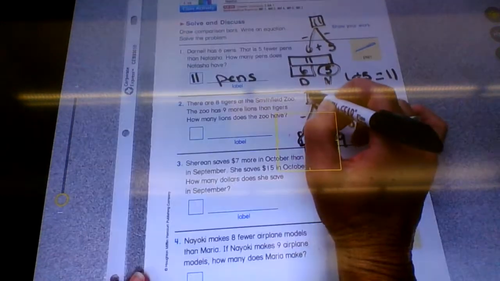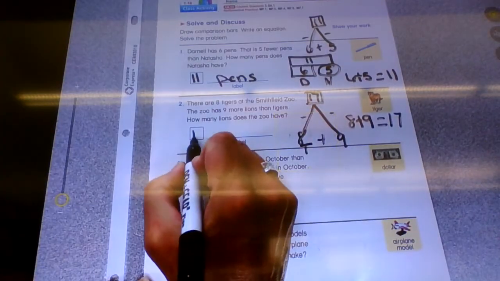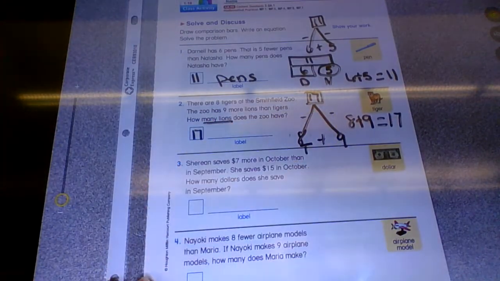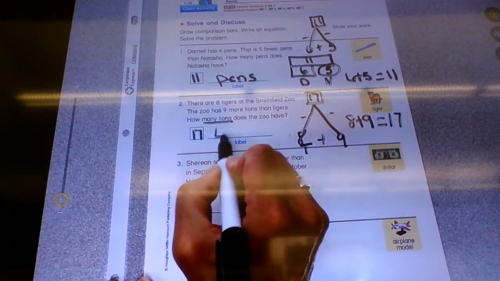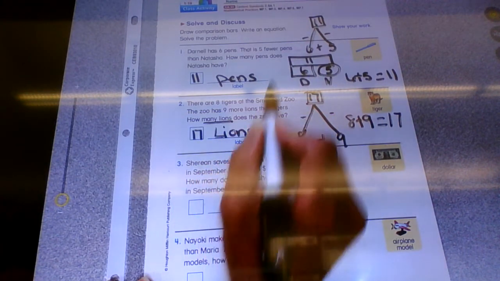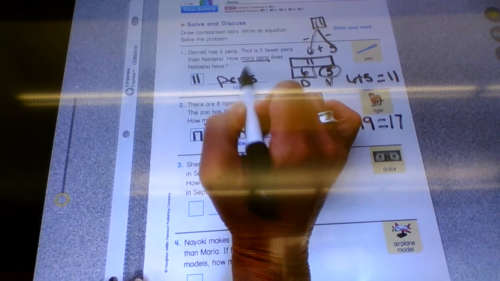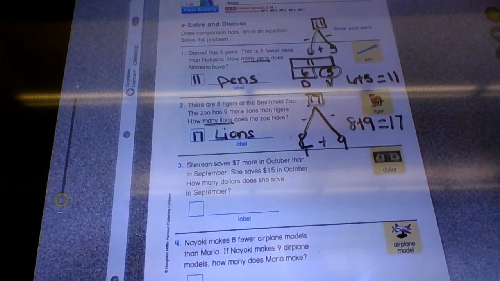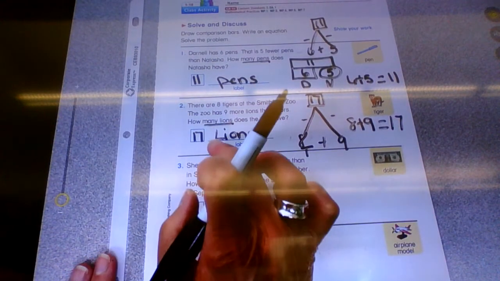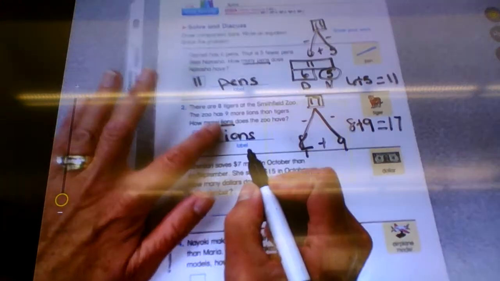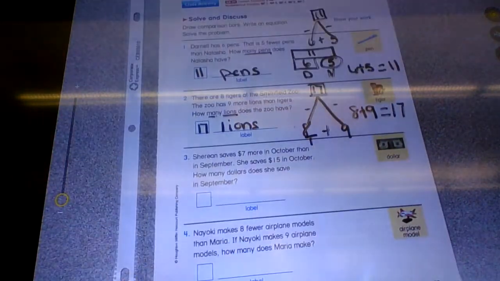So 17 is the mystery number. So then it says how many lions. So we'll put lions here. Up here says how many pens, so pens is your label, and lions is your label. Okay, lions should not be capitalized. It's not a proper noun.